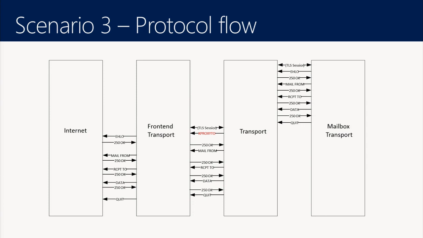It uses XProxyTo to provide all that information about the submitting client, the mailbox transport component in that particular case, and streams all that information over. Then that front-end transport is processing that message to the final destination, the internet-based client.